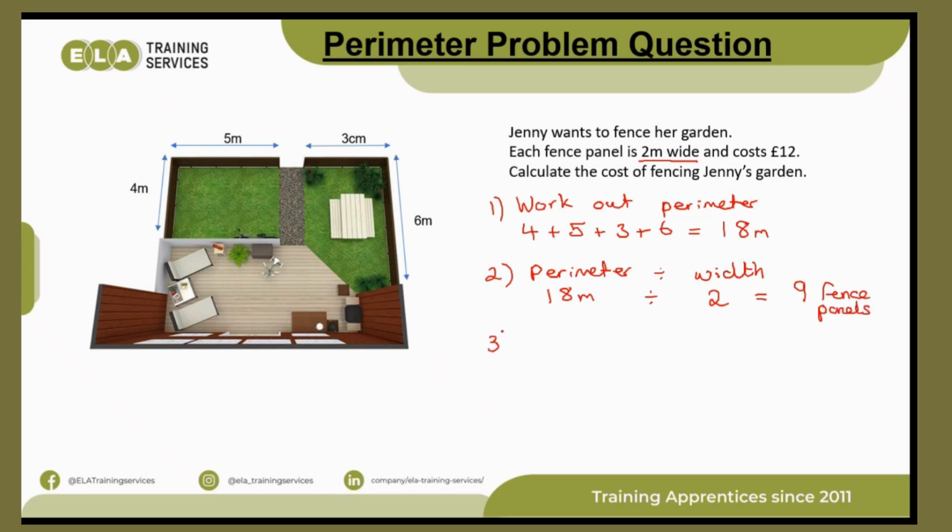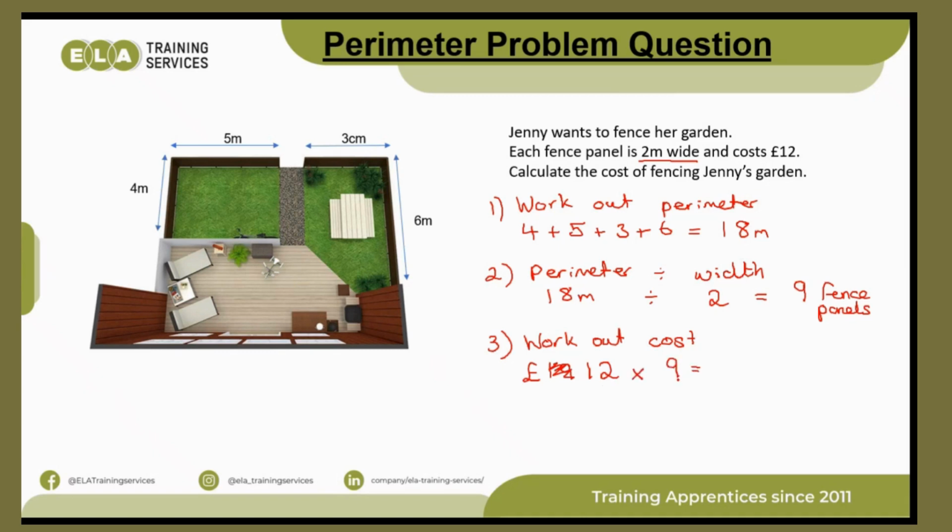And then step 3, we're going to work out the total. So we know that they're £12 each. We need 9 of them. Sorry, I've just written 19 because I said 12 and 9. 12 each, we're going to times it by 9.